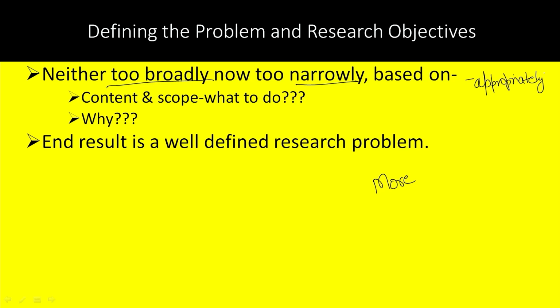An easier way to define the problem is to know the decisions which management wants to take. So it is a backward process. We will not start with the problem, we will start with the decision which the management wants to take, and do a rigorous discussion with the research team in deciding the information which is needed to take the decision.